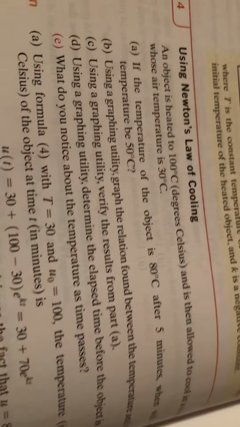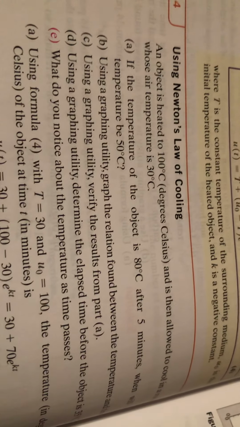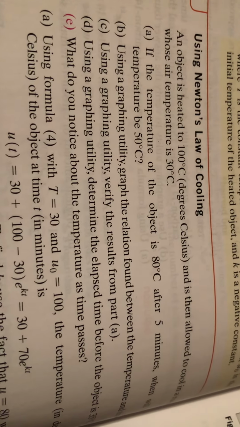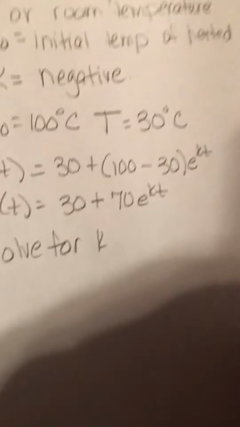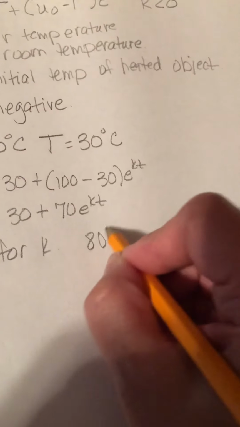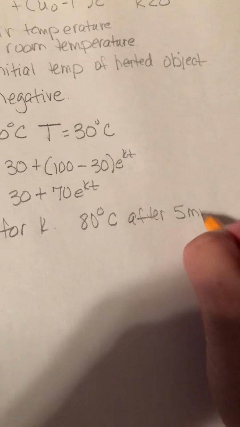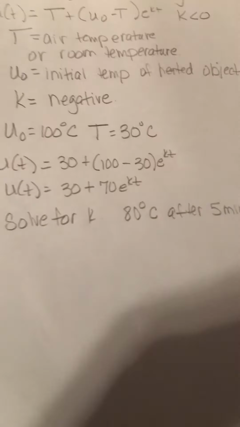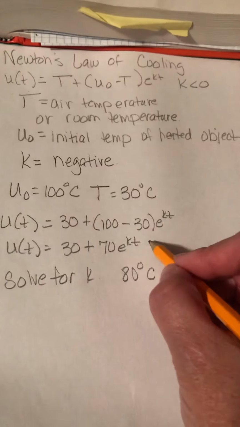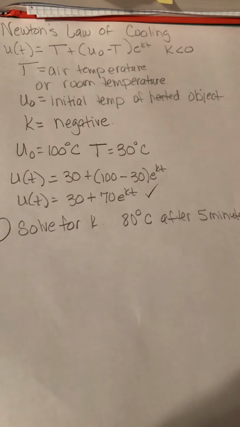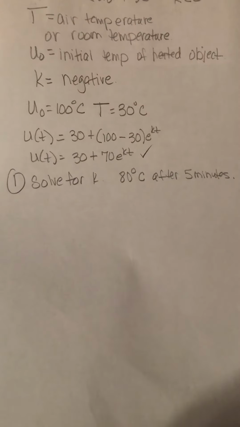In order to solve for k, I'm going to use part A. The temperature of the object is 80 degrees Celsius after 5 minutes. So they gave us a ratio here. It's 80 degrees Celsius after 5 minutes. Let's plug that into this generic formula so that we can solve for k. And once we've got k, we can answer the question.